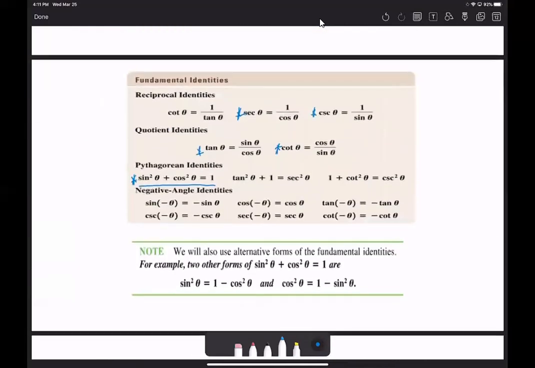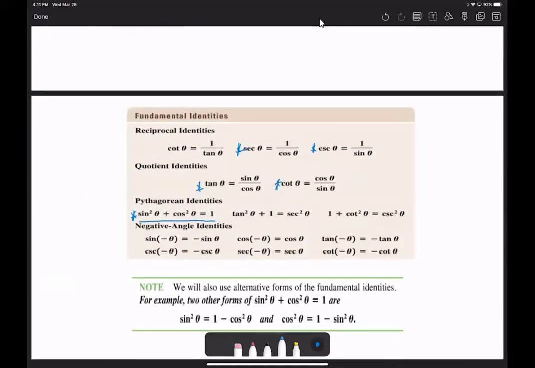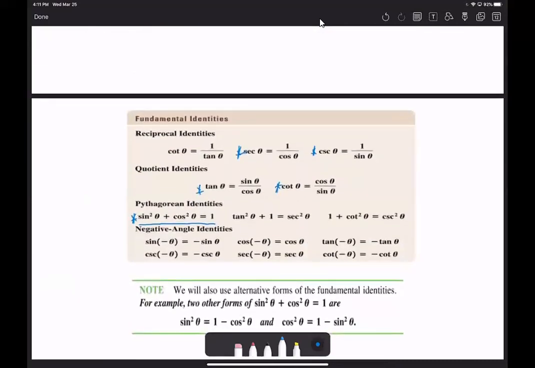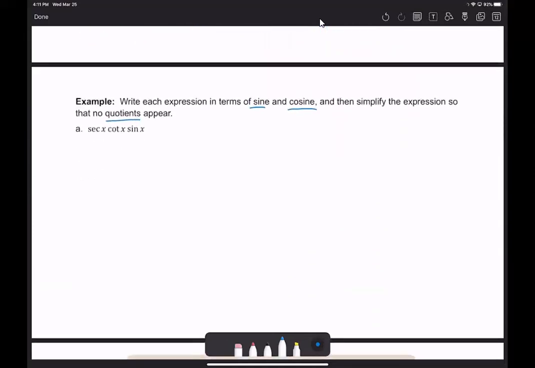Remember that secant is the same thing as 1 over cosine, and if I'm looking for cotangent, I don't want this one because that's just cotangent and tan. I want the one that has cosine or sine or both. I'm going to use this for cotangent, which is cosine over sine. So we're going to replace secant with 1 over cosine of x. All right, we're multiplying here. Cotangent becomes cosine x over sine of x.